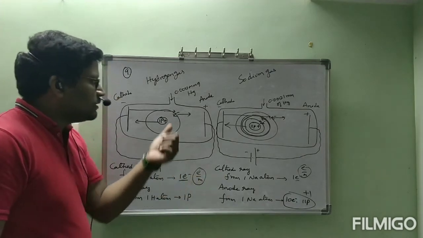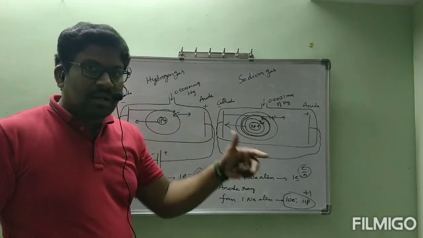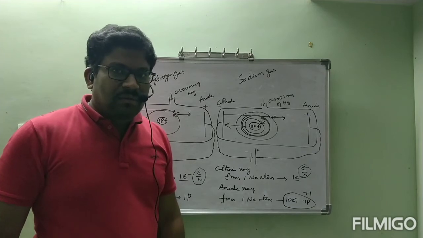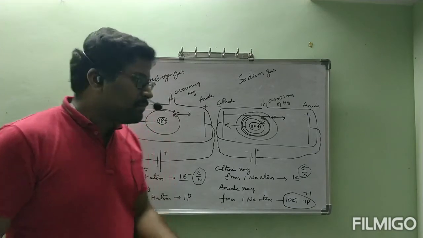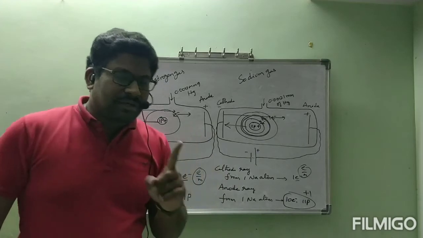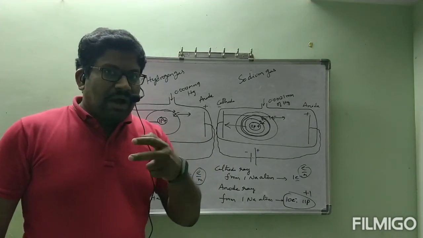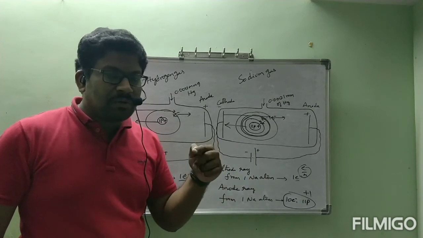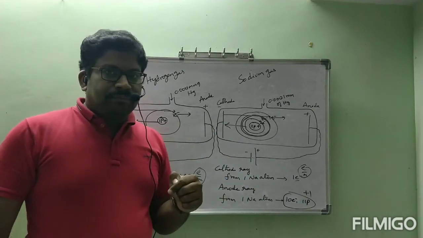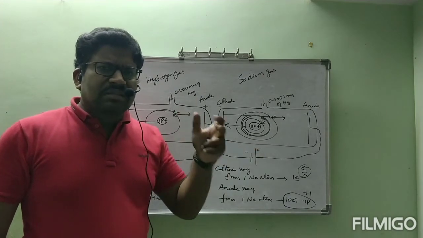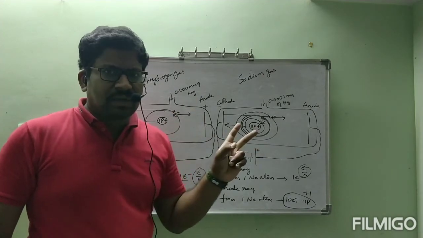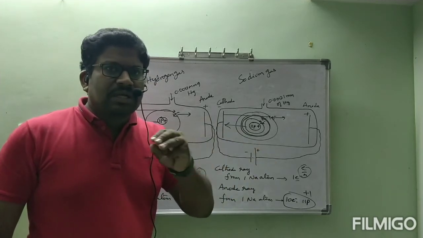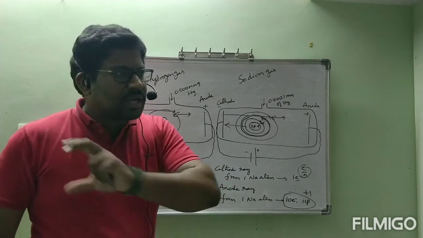Whatever gas is taken, hydrogen, sodium or magnesium, the cathode rays are emitted with 1 electron only, because the high potential we are giving is required to remove 1 electron from the atom. That's why cathode rays from any gas are emitted with 1 electron only. So the e/m ratio is not at all different for cathode rays of any gas.